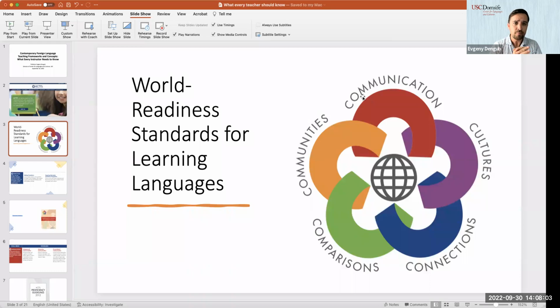So it's a useful reminder for us, and also a good framework to build your syllabus around, your lesson plan. Are you addressing as many of these 5Cs as possible?